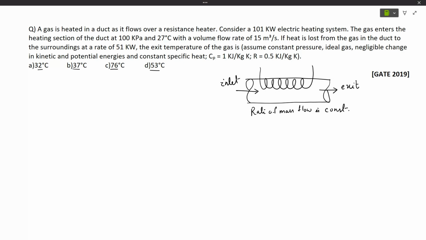As the rate of mass flow is constant, it means we can say that it is a case of steady flow. Now we see what data are given in this question.